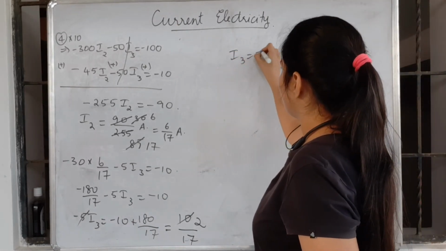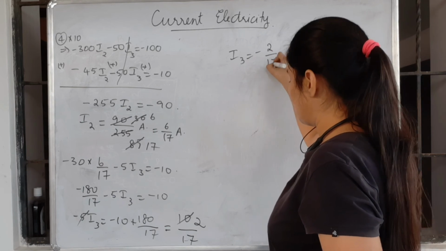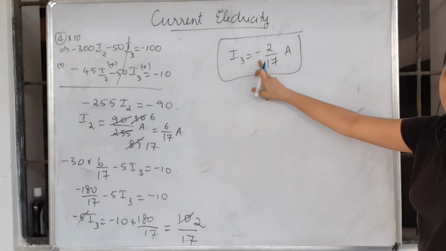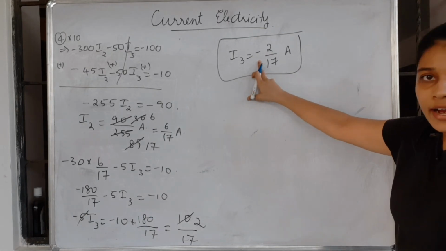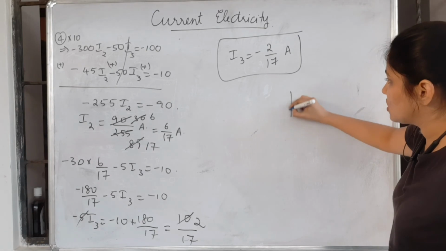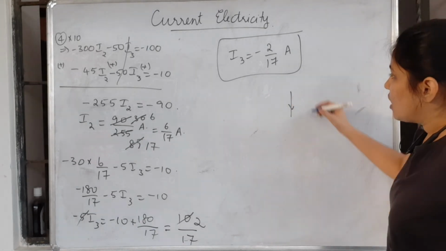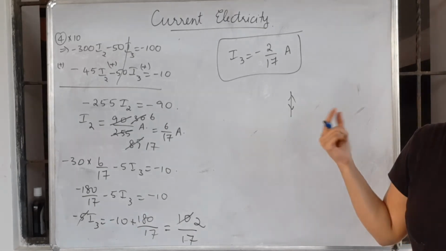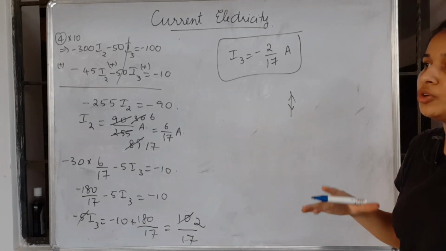So I3 is equal to minus 2 by 17 ampere. Now a negative value of the current means that the actual current is flowing in the opposite direction. So we had chosen that the current is flowing like this, but in reality the current is flowing in the opposite direction. That is why in Kirchhoff's law you don't have to worry.